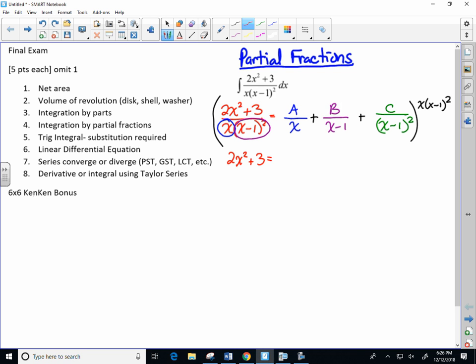On the right, we would have A times x minus 1 squared, plus B multiplied by x times x minus 1, one of the x minus 1s would cancel, and then C multiplied just by x.